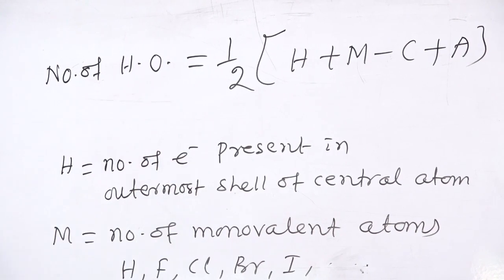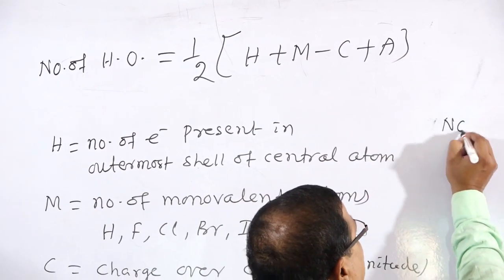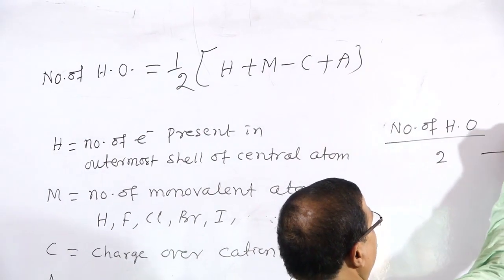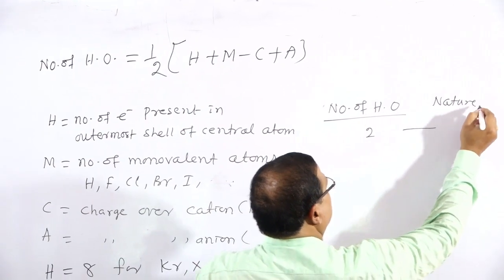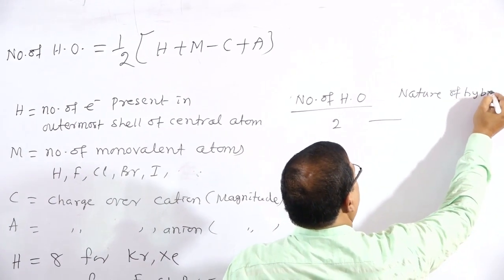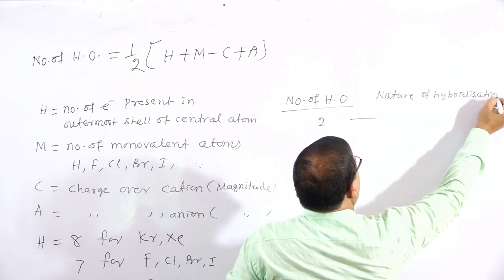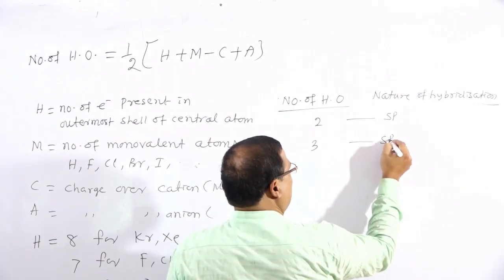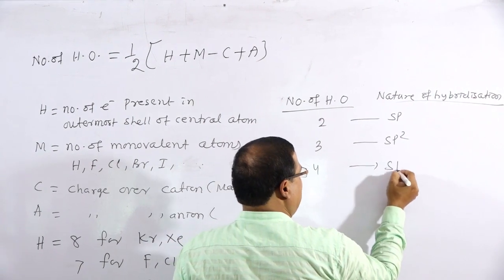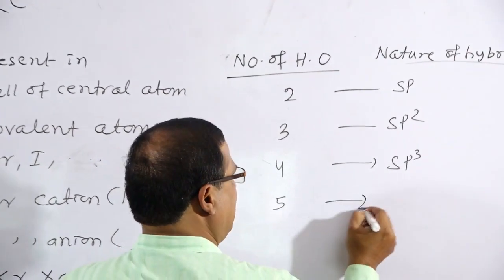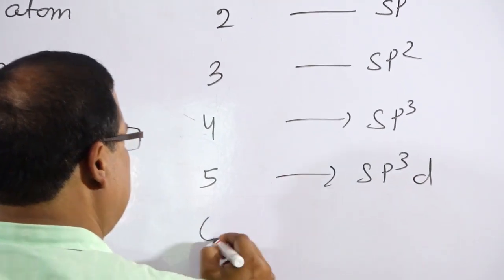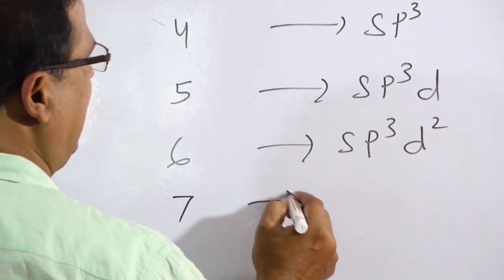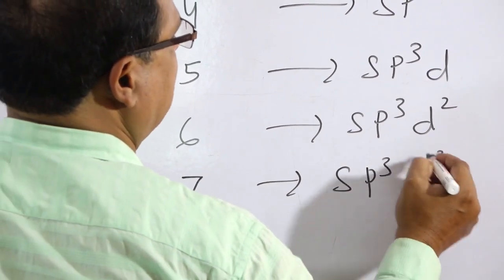After knowing the number of hybrid orbitals, the nature of hybridization is: 2 is sp, 3 is sp2, 4 is sp3, 5 is sp3d, 6 is sp3d2, 7 is sp3d3.